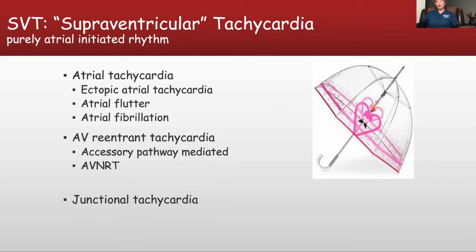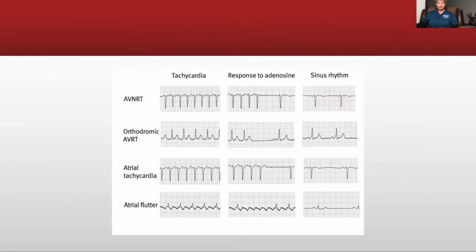Strictly speaking, these are all considered SVT, supraventricular tachycardia. But for the purposes of PALS and this brief overview, we are going to talk about SVT as a re-entry mechanism, more likely to be seen in the pediatric patient.